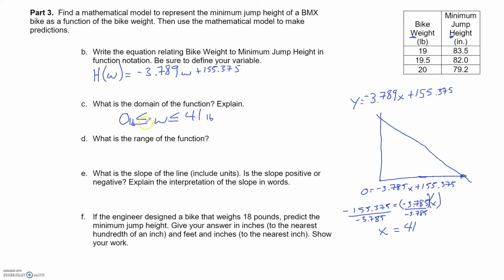So the weight of the bike has to be between 0 and 41 pounds. Otherwise, it doesn't make any sense. It stops being functional at 41 pounds as far as being able to jump over the ramp.